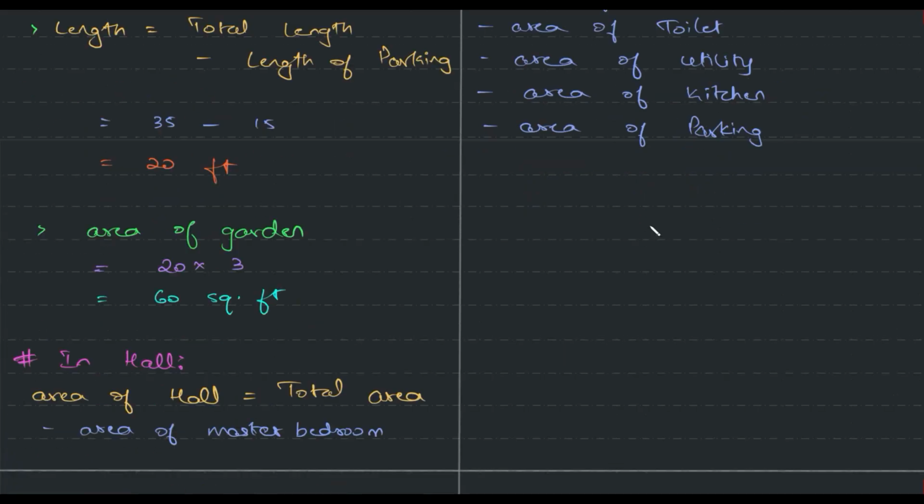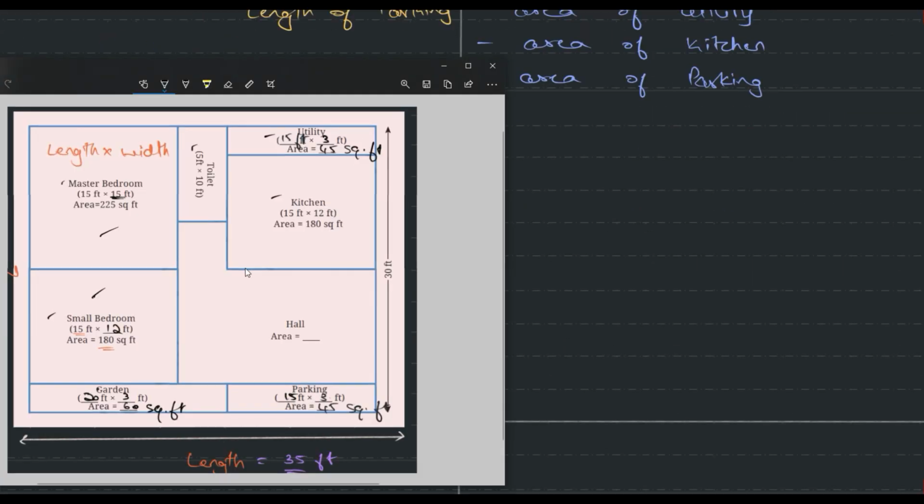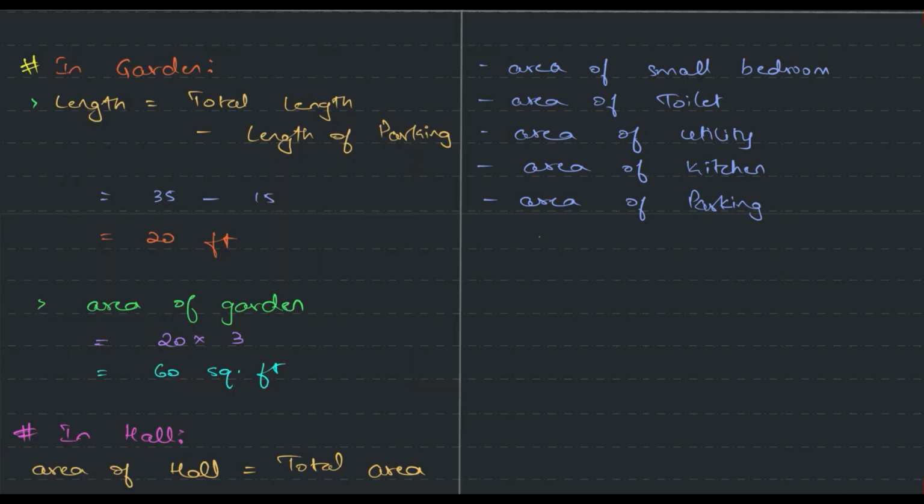Master bedroom I have not considered, right? No, I have already considered. Toilet is done, utility is done, kitchen is done, parking is done. See, garden I missed. Minus area of garden.